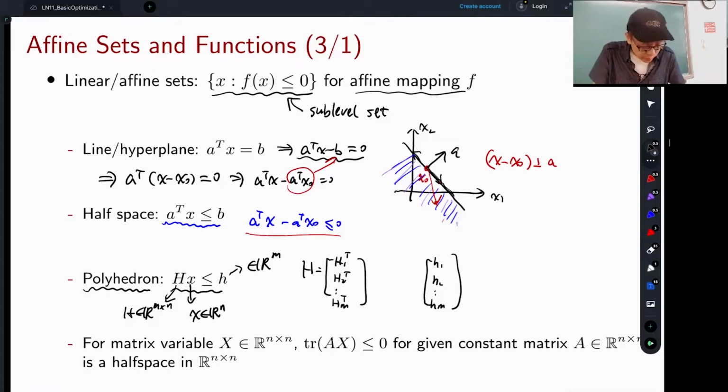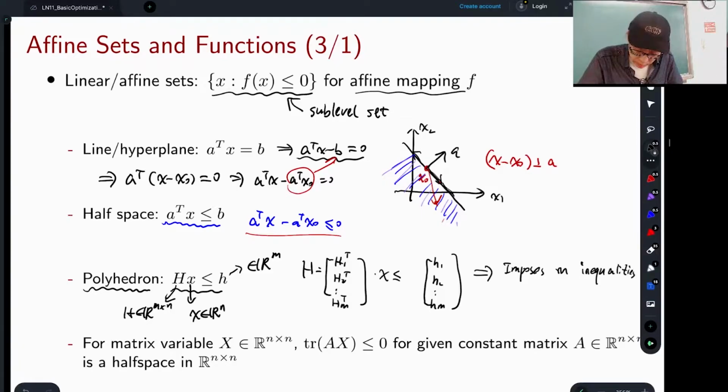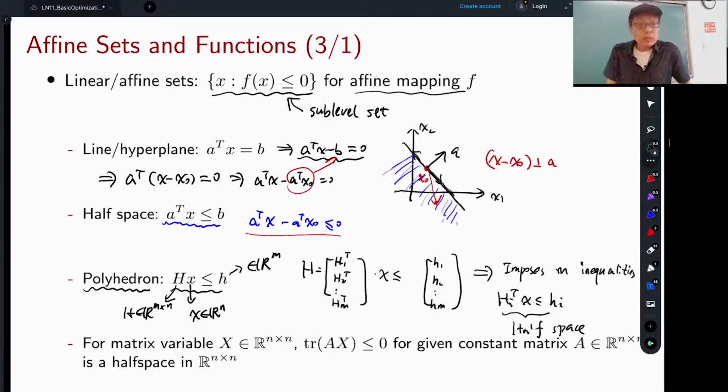Each row of H imposes m inequalities. So Hi transpose x less than small hi is a half space. That means x needs to be at the intersection of all these m half spaces. That defines a polyhedron.